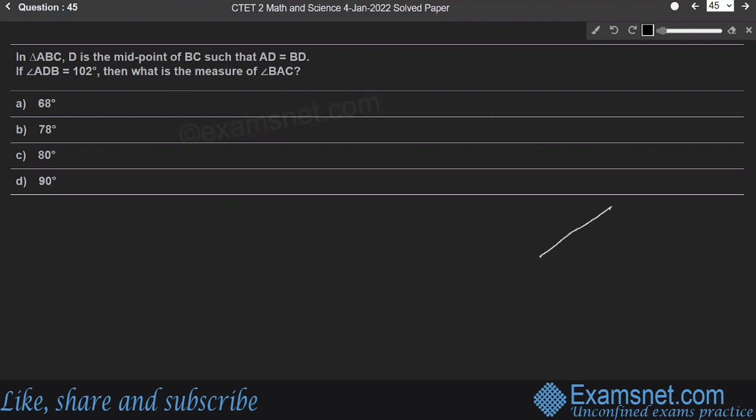Let us draw a triangle ABC such that D is the midpoint of BC and angle ADB is 102 degrees and AD is equal to BD. Given AD is equal to BD, angle ADB is equal to 102 degrees, right?